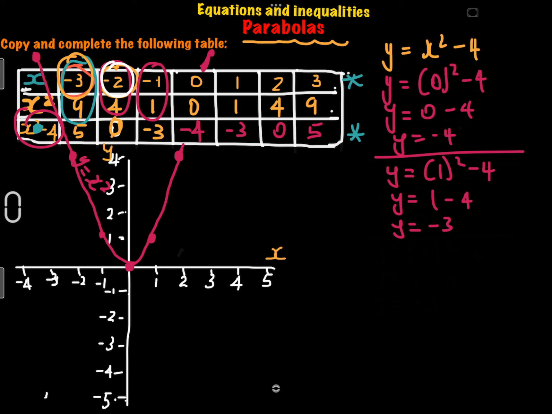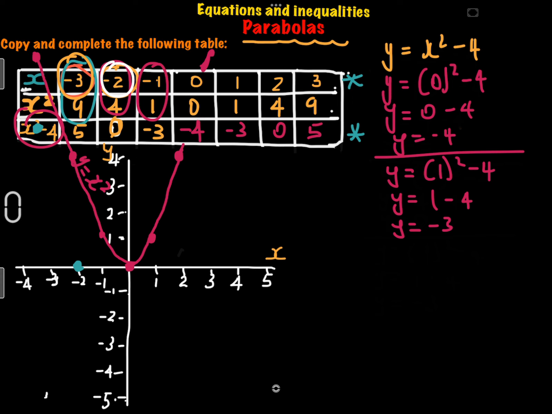When x is equals to -2, y is equals to 0. So that's the point there. When x is equals to negative 1, y is equals to negative 3. So that's the point there.